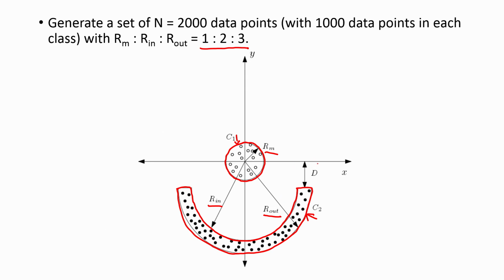Now, this D value here decides the separation between the center of class C1 and the starting of class C2. Let us see what happens by varying various parameters using this data set.